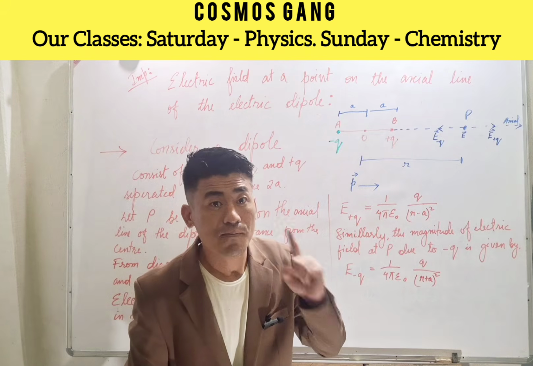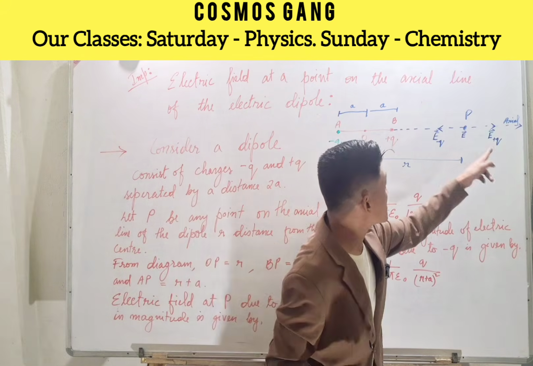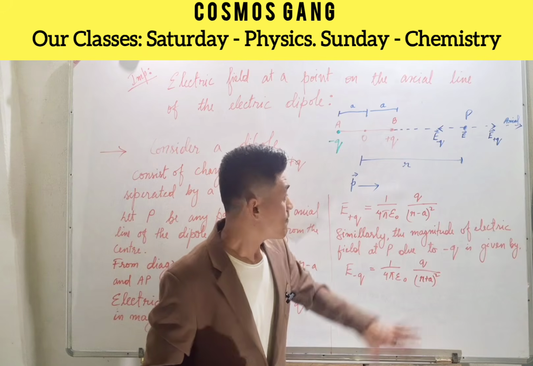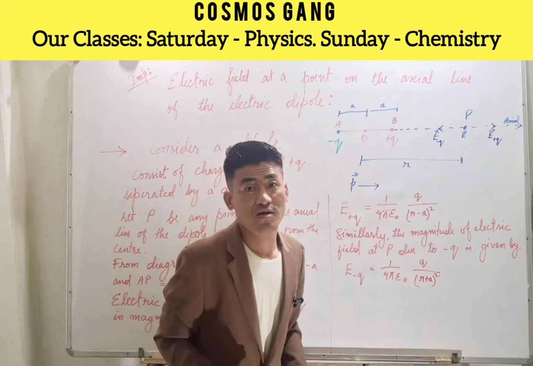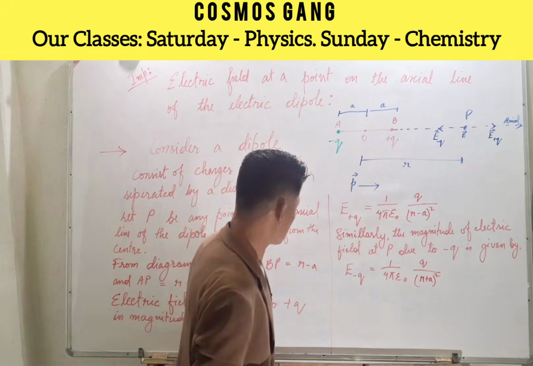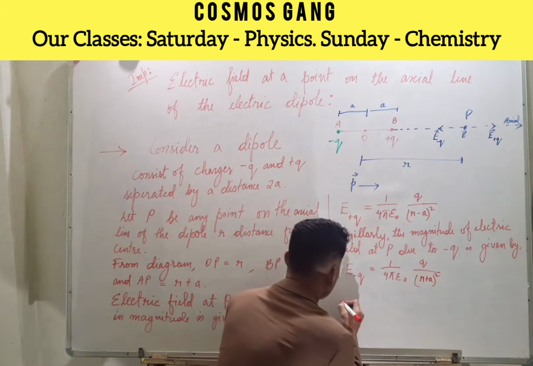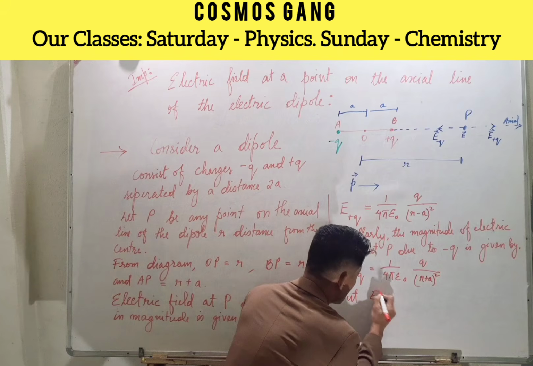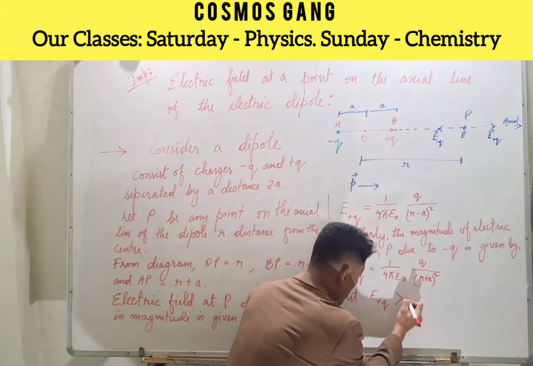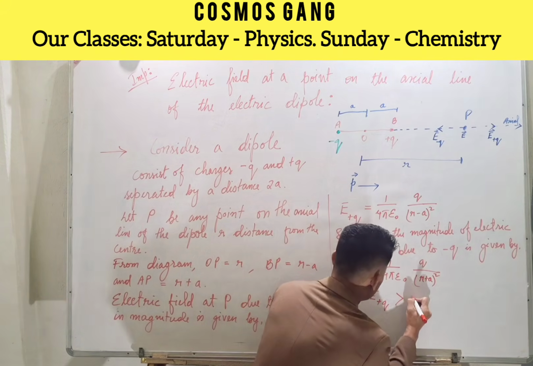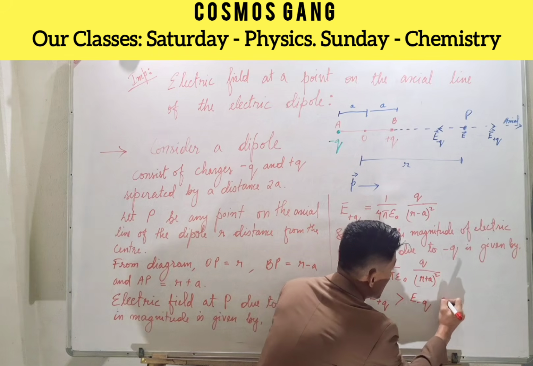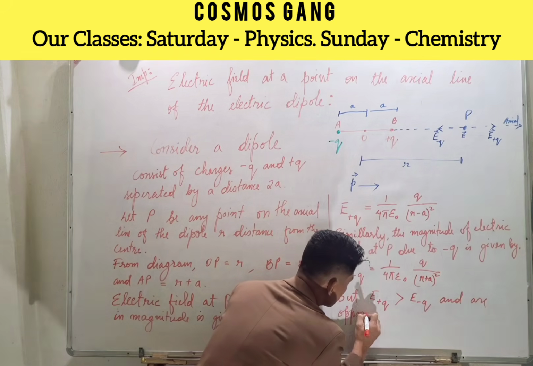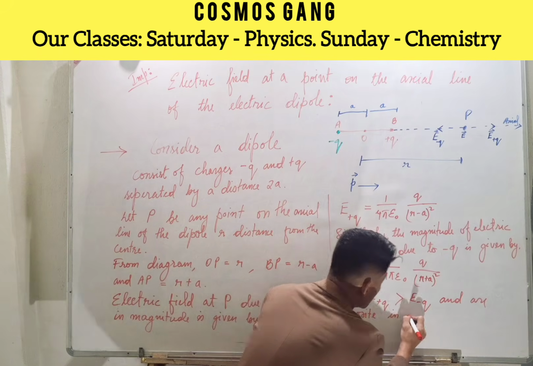The minus comes because they are opposite in direction. We can explain it in vector form as well, but this will be the easier way to draft it. But we find that E plus Q is greater than E minus Q and they are opposite in direction.